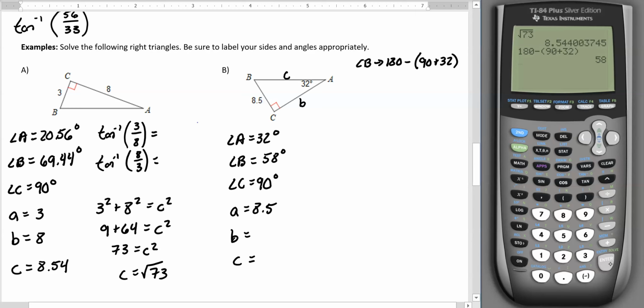Now let's do some fun math. So let's do some trig. To figure out side B, given our 32 degree angle, this would be our opposite. B would be our adjacent. So opposite, adjacent, we're talking about tangent here, aren't we?